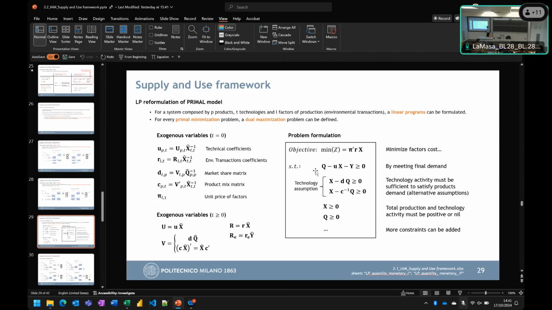We are working with the hybrid assumption at the end of the lecture. And then we have some non-negativity constraints. And we can have some more constraints, because we may need more complicated modeling in our impact assessment, for example by adding some policy constraints, or other constraints that may be useful in order to provide a behavior of our system that is more in line with the physical reality. That is the idea.